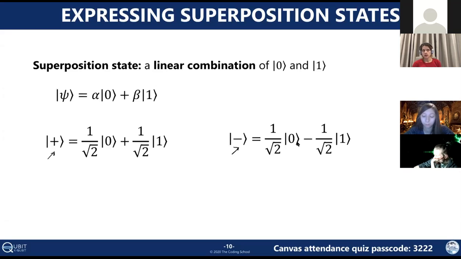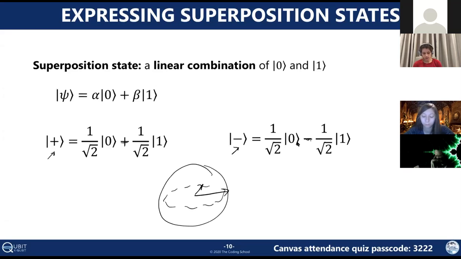But they are 90 degrees out of phase with each other. So this is the plus state, this is the minus state. And on the Bloch sphere, it's just the difference between being here versus being here. But these are still equal superpositions, and everything along this equator is an equal superposition of our two quantum states if we take them to be our 0 and our 1. And that's all we're doing when we create these superpositions.